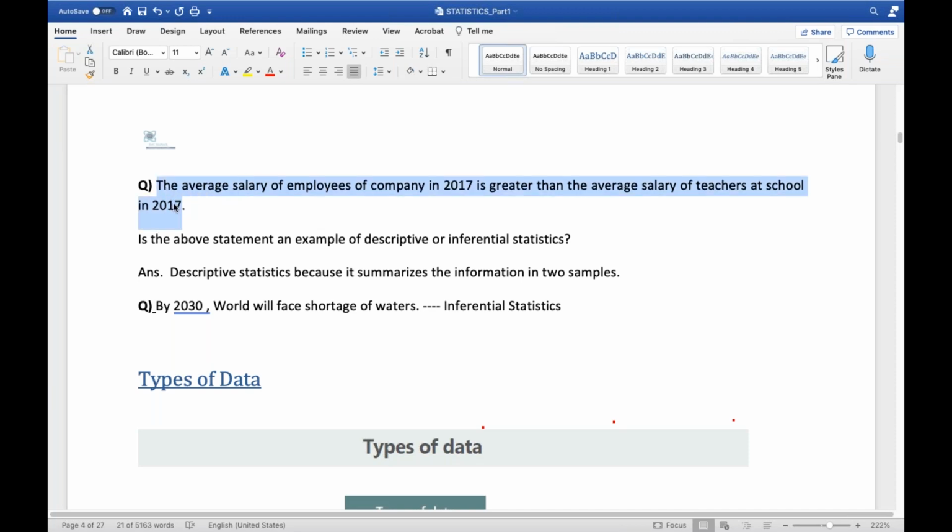Just read this sentence and tell me whether it is inferential or descriptive. If it is descriptive, then why?